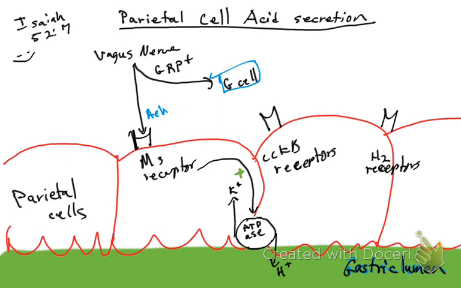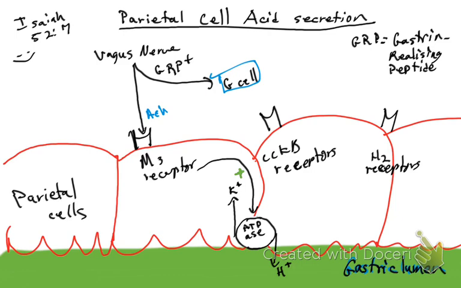Probably we should mention what GRP stands for. GRP stands for gastrin releasing peptide: G for gastrin, R for releasing, and P for peptide.